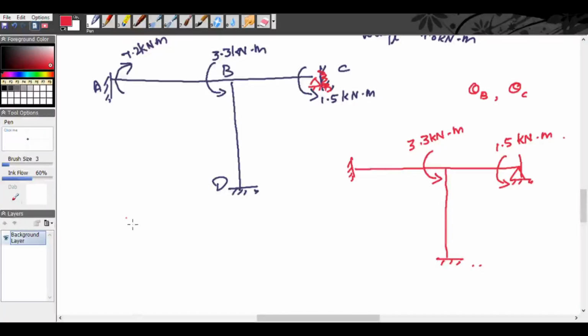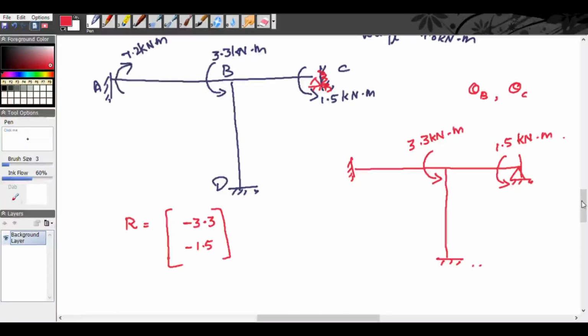Therefore, our force matrix R will be equal to, both are anti-clockwise, so minus 3.3 and minus 1.5 kilonewton meter.